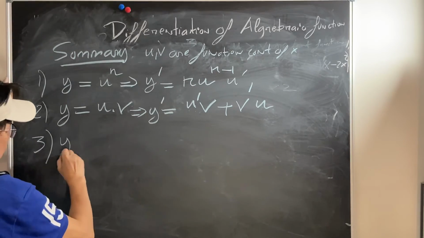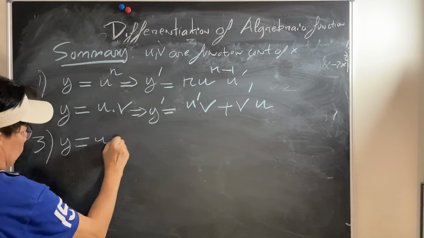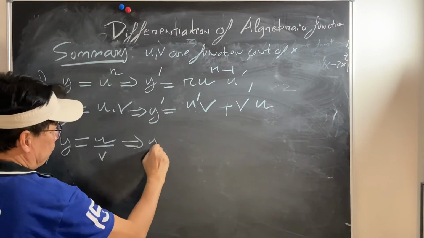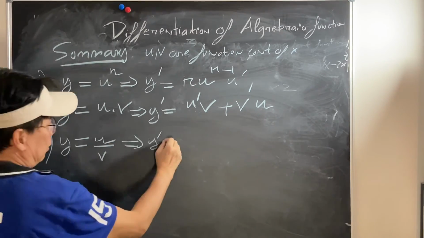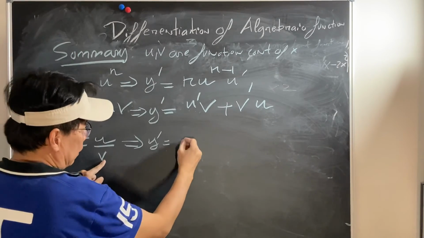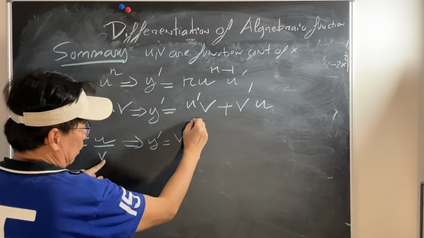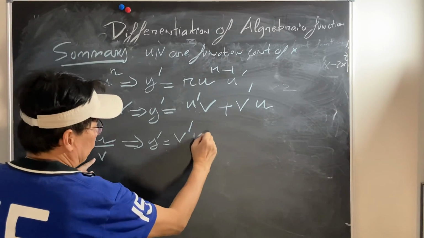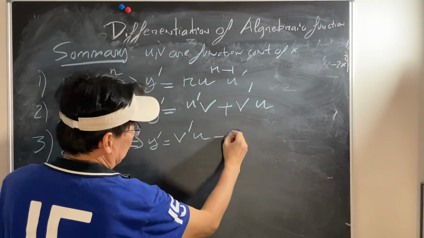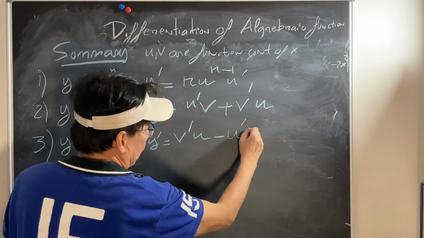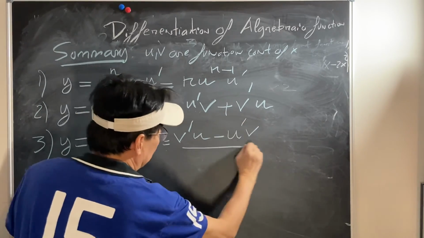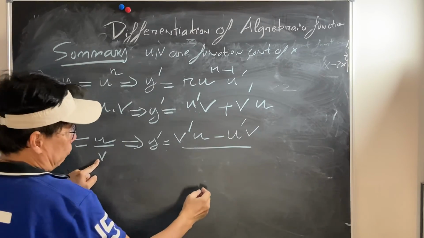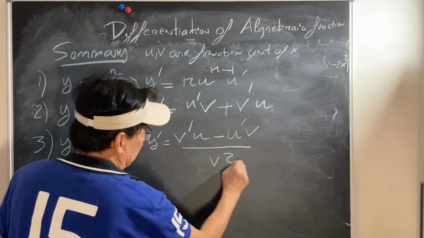Final formula, quotient formula: y equal u divided by v, then the derivative of u over v will be equal to u prime times v, minus v prime times u, and divide the whole thing by the second function squared.